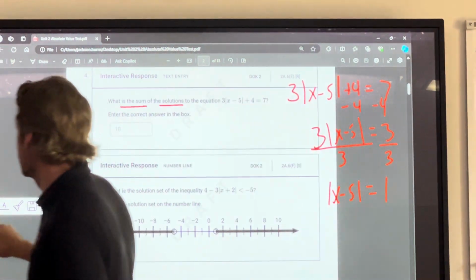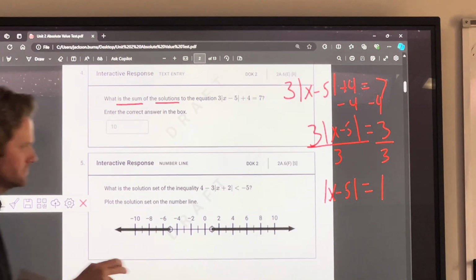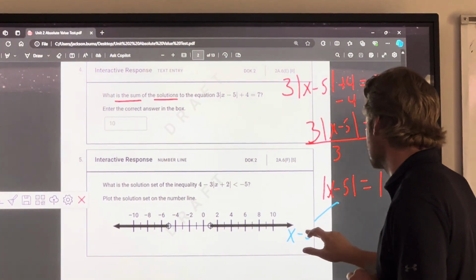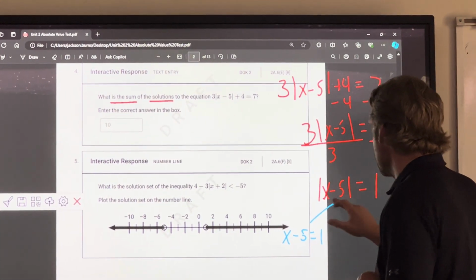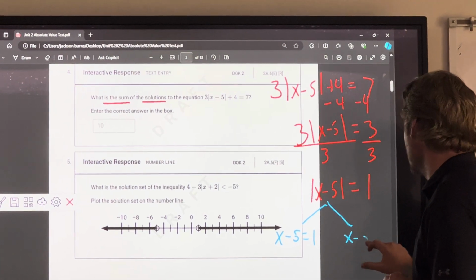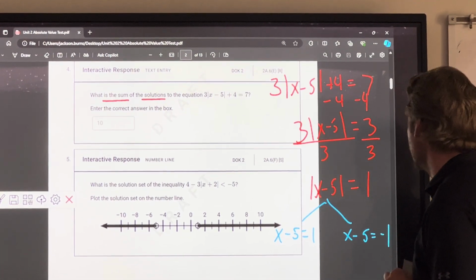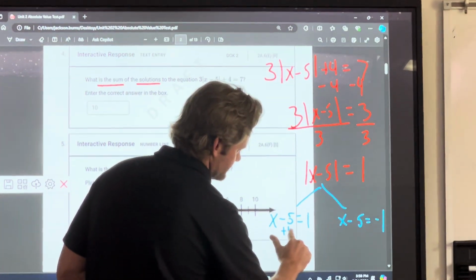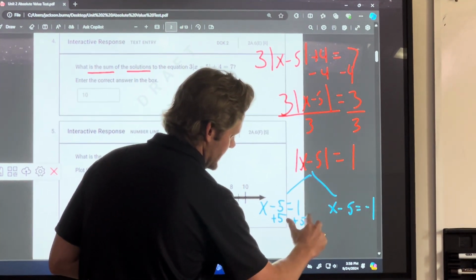Now, I'm gonna go blue when I split in 2. Split this in 2, I can write it x minus 5 equals a positive 1, and x minus 5 equals a negative 1. Solve for x, plus 5 on both sides.